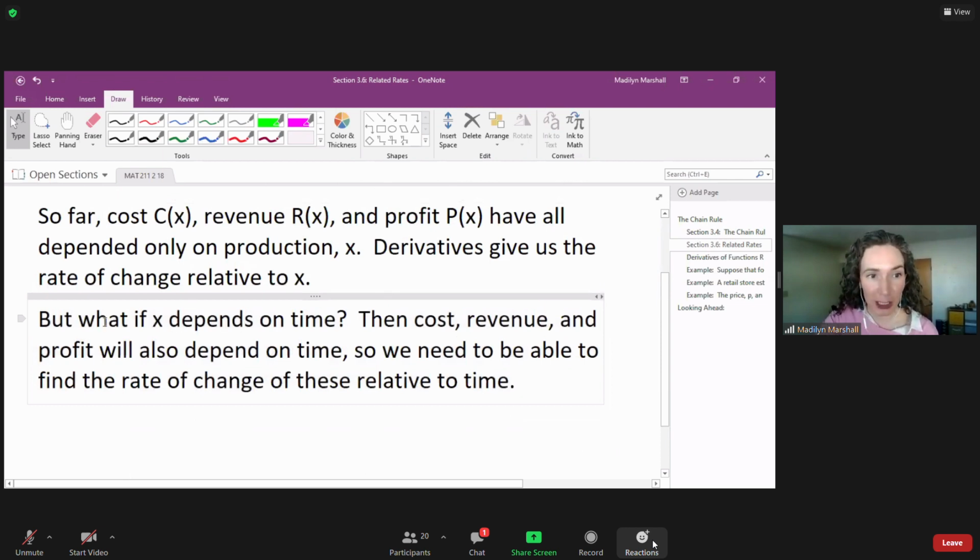So my rhetorical question is, what if x depends on time? If x, our production, is changing with time, then cost, revenue, and profit will also depend on time. So we need to be able to find the rate of change of these relative to time.